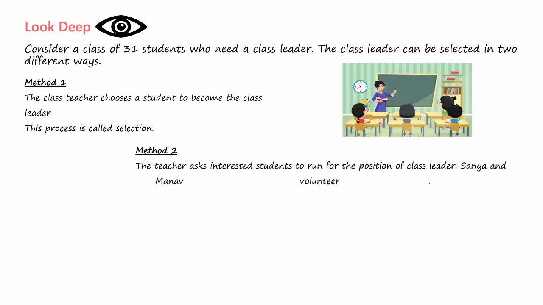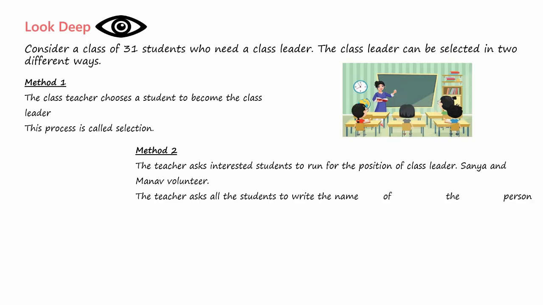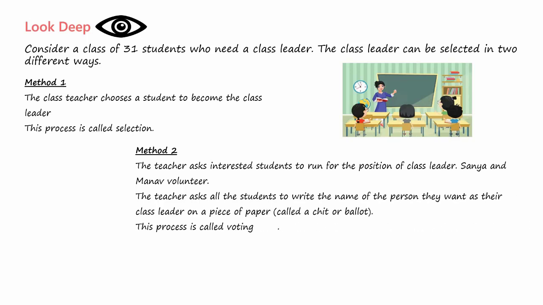Method 2. Here the teacher asks the interested students to compete for the class leader post. Those who are interested are asked to stand up. Okay, then two students stood up, volunteered, Sanya and Manav.